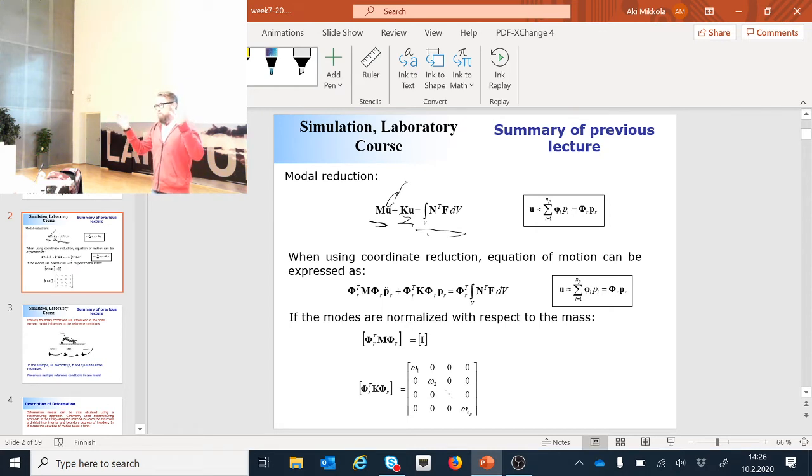And those are those famous modal coordinates. So these are the possible deformation modes. How much one particular deformation mode will contribute to the final response, we don't know. But by multiplying each assumed deformation mode by an unknown modal coordinate, the system can deform, and that's exactly what we're going to do.